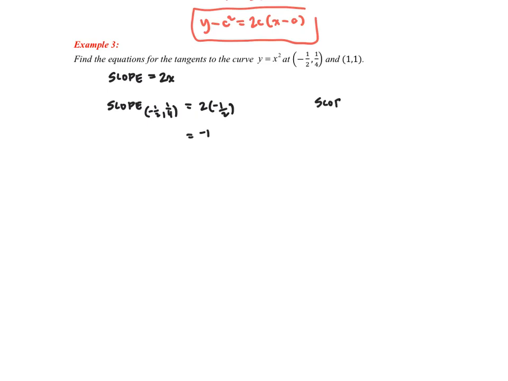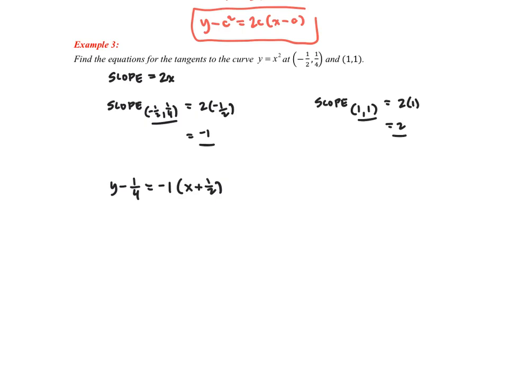Whereas the slope of the tangent line to the curve at the point (1, 1) will equal 2 times 1, which will equal 2. Now notice that I have a point and a slope in both scenarios. Therefore, I can write the tangent line equations for both in the form y minus 1/4 is equal to -1 times (x plus 1/2).